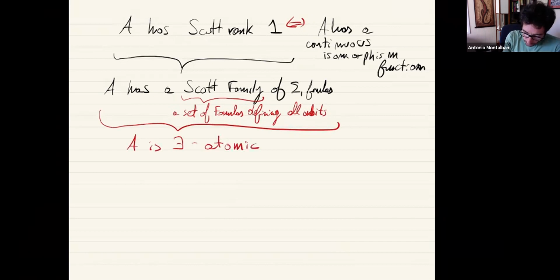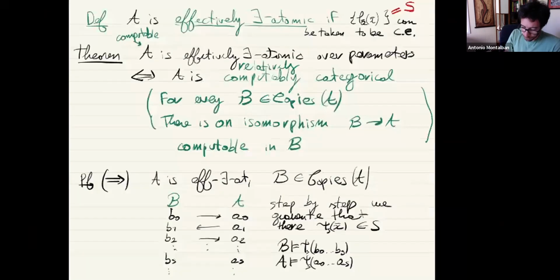Now let's look at the theorem that we had yesterday, which is the effective version of what I just wrote. This theorem says that A is effectively existentially atomic, in this case over parameters, if and only if A is relatively computably categorical.